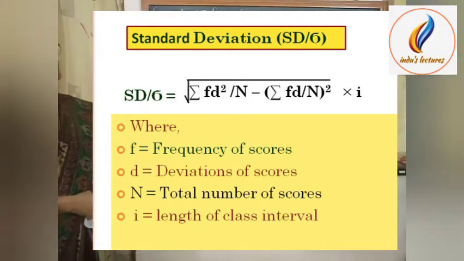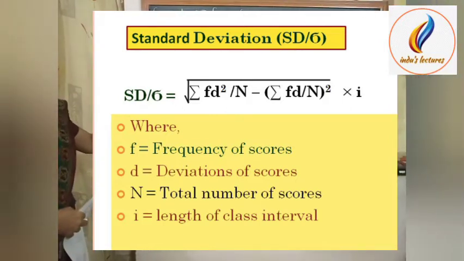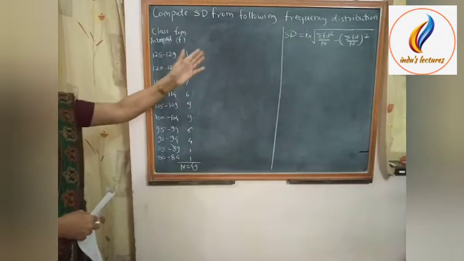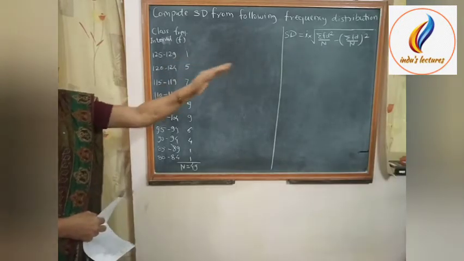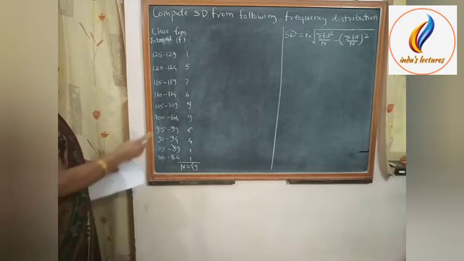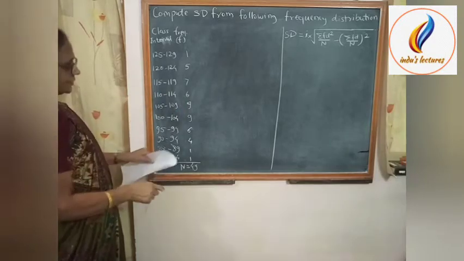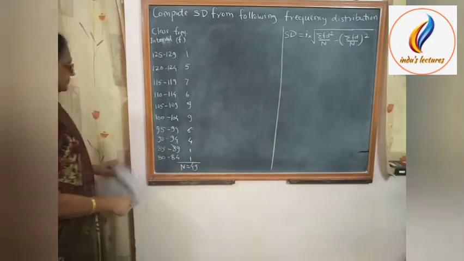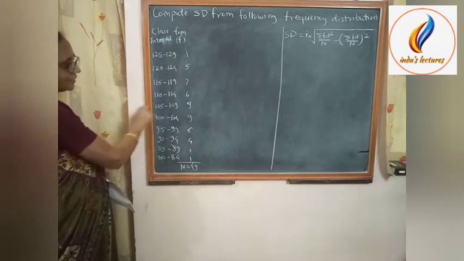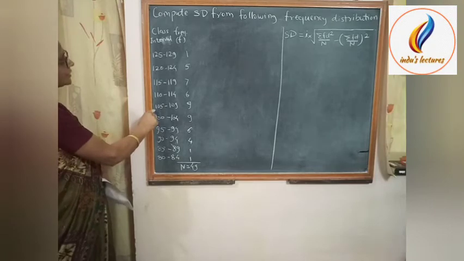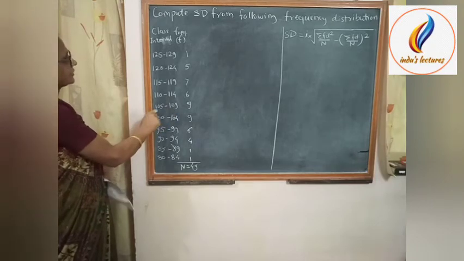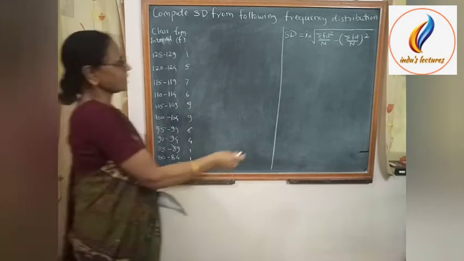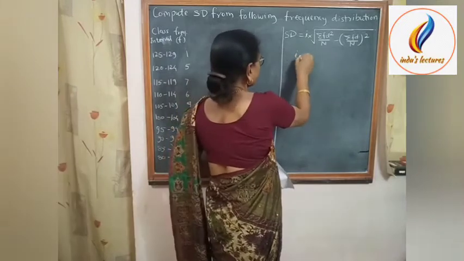Here also we have to find deviations, take the square of deviation, and find the products fd square and fd. Firstly we consider the i, meaning the length of class interval. If we consider any class interval, then we can easily say that the length of class interval i is equal to 5.